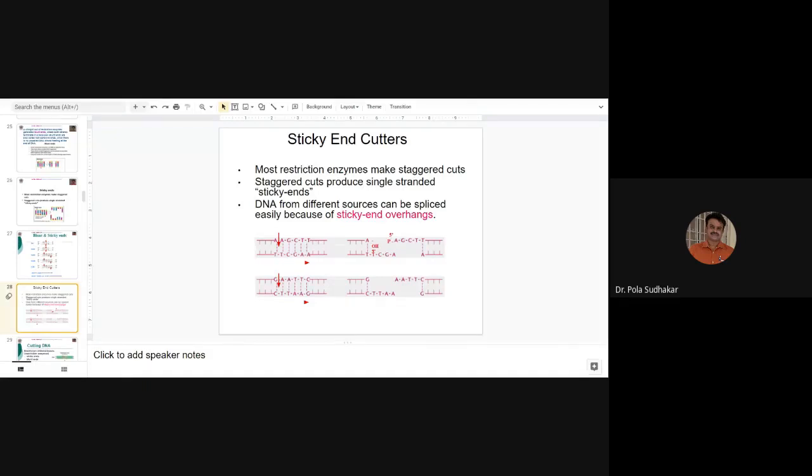The distance between restriction enzyme sites can be determined by the patterns of fragments produced by the digestion.